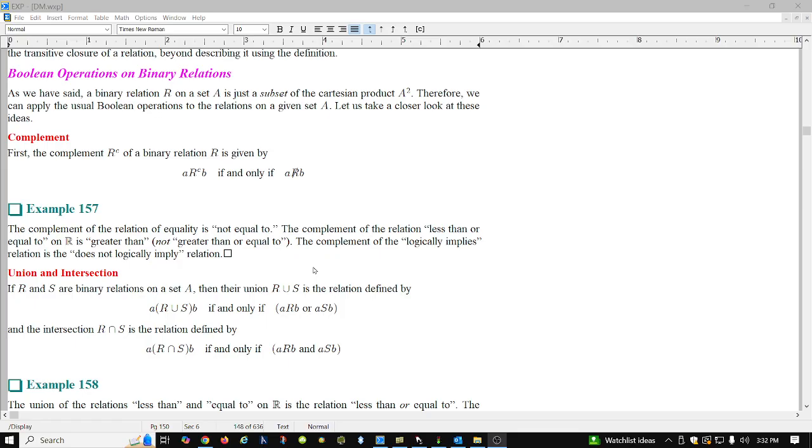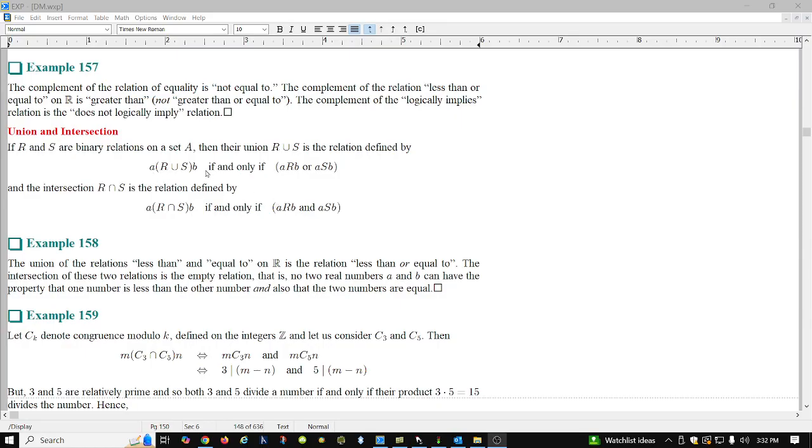The complement of the relation less than or equal to is greater than. Okay, not greater than or equal to. And the complement of logically implies is does not logically imply. So that's all pretty straightforward.